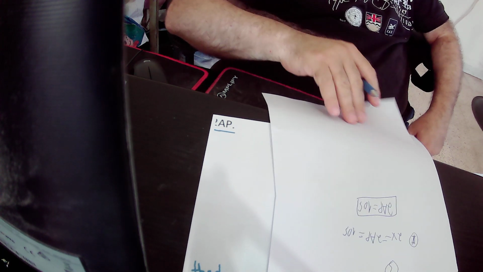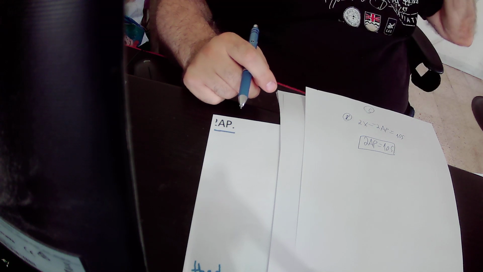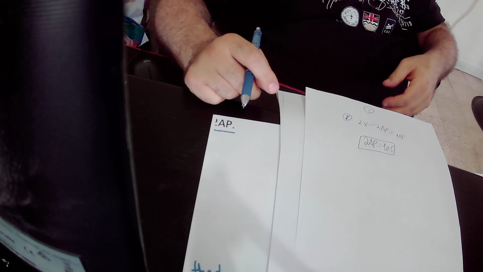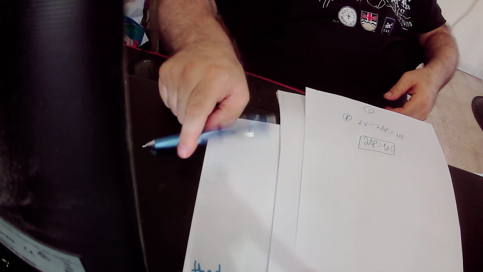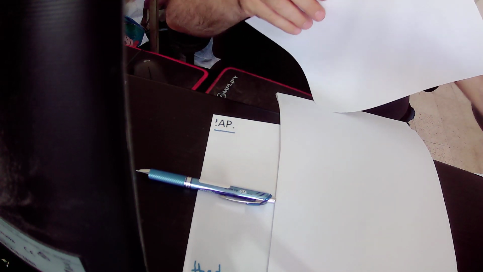So we got the answer: 2AP equals 105. That was the answer to the question.